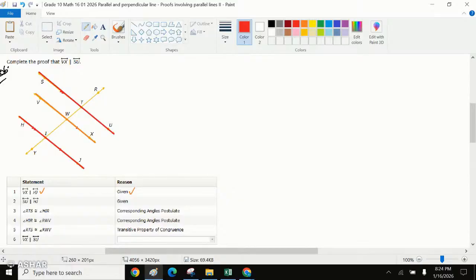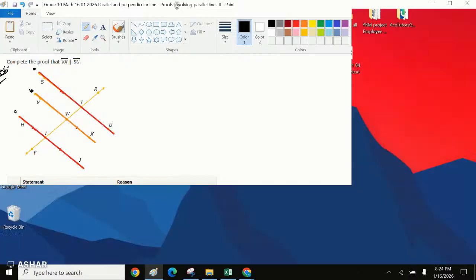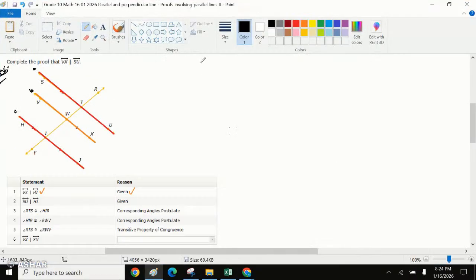Agreed? First they said that if this is line A, B, and C, if line B is parallel to line C and A is parallel to line C, then B would be parallel to A. Agreed?